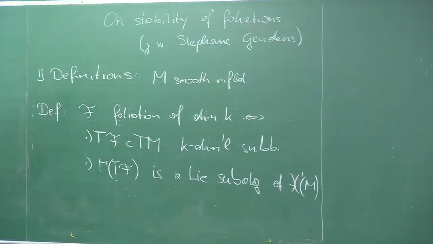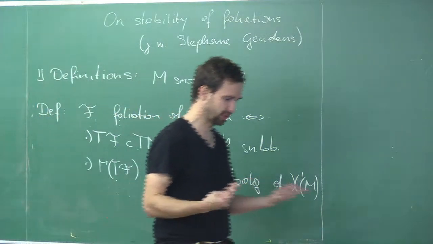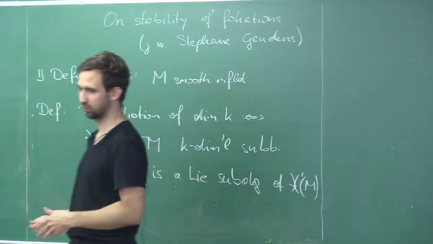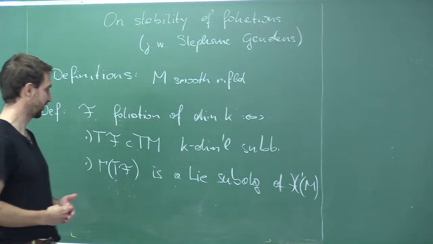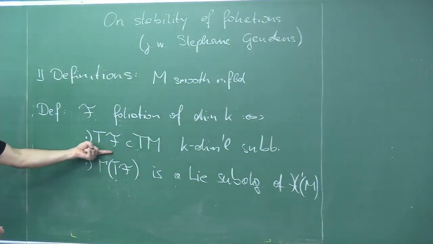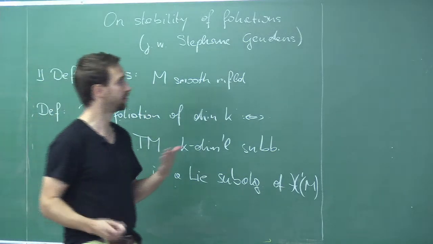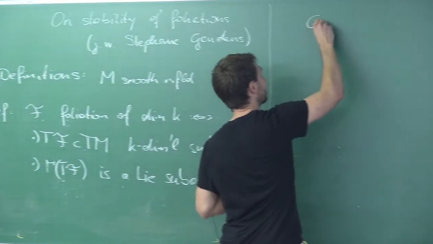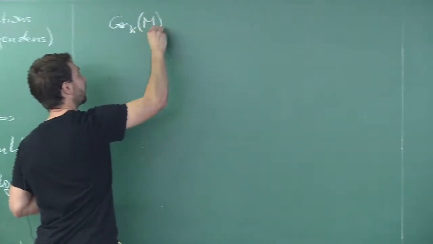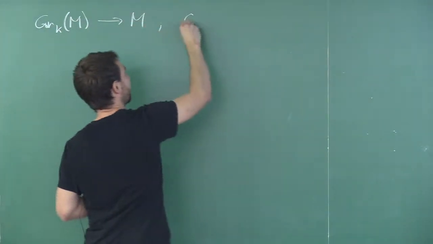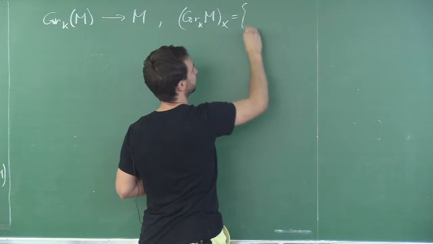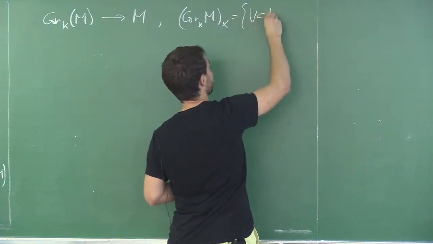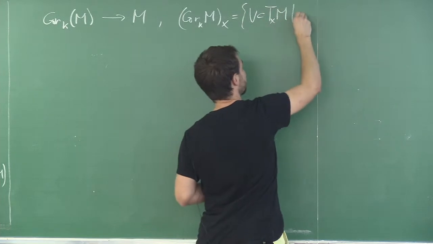Okay, so the first thing I want to define is what it means for a foliation to be stable. And for this, we actually want to understand foliations as a subset of a space on which we have a topology. The standard way to do this is to understand k-dimensional vector bundles as sections of the Grassmannian bundle. So we have the Grassmannian bundle of k-planes over M. As a reminder, the fiber at the point x would just be some vector subspace of T_xM of dimension k.